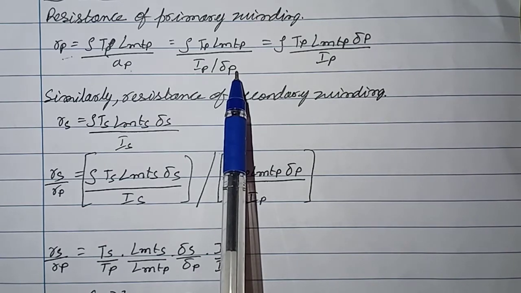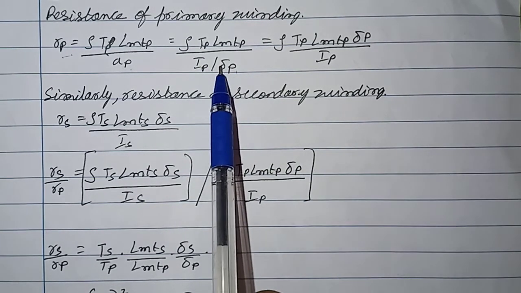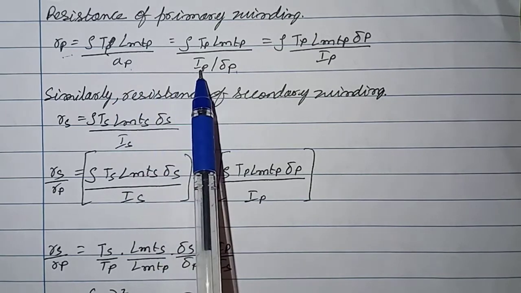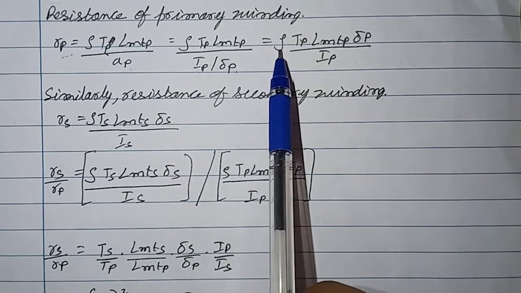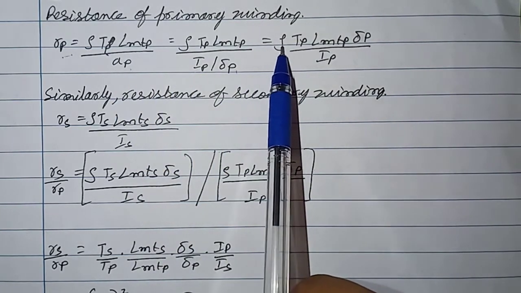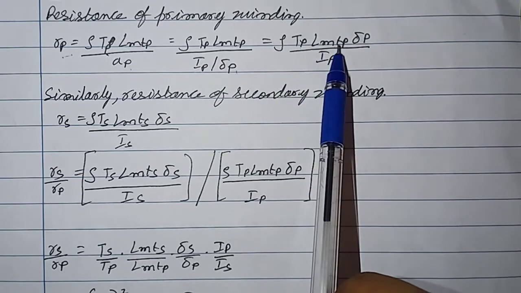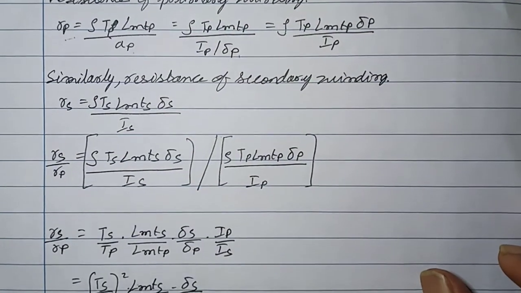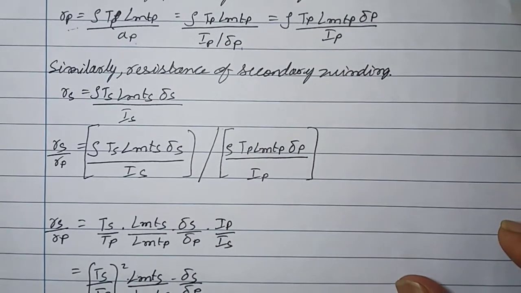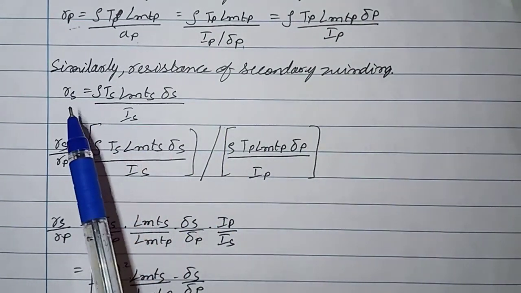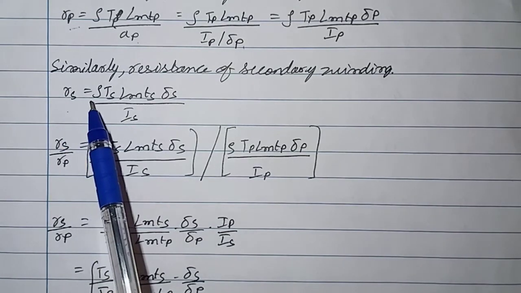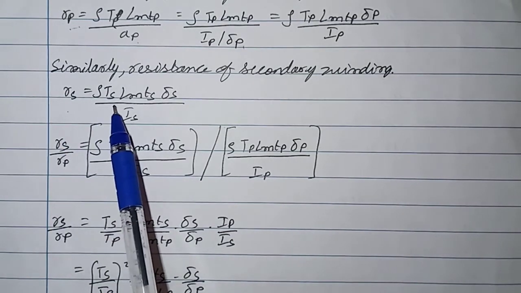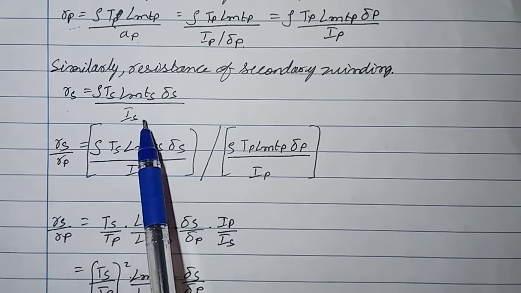We know current density is ampere per area, so area will be current per current density. So Rp is rho TP LMTP delta P by IP. On a similar basis, the resistance RS is equal to rho TS LMTS delta S by IS.